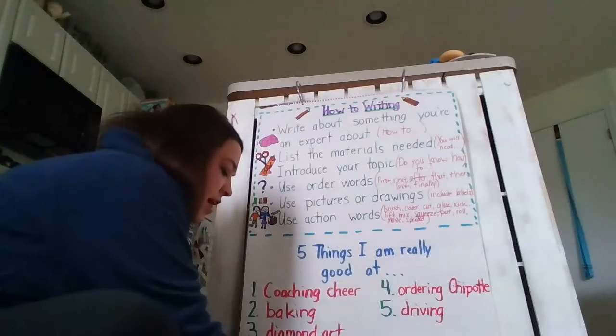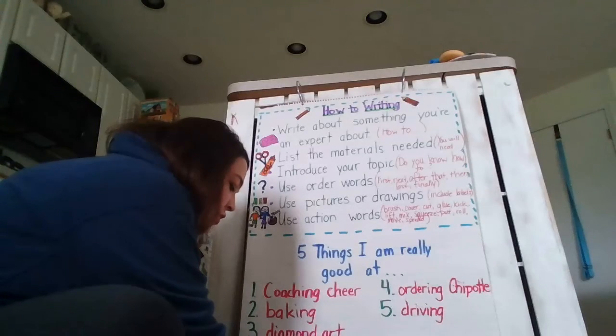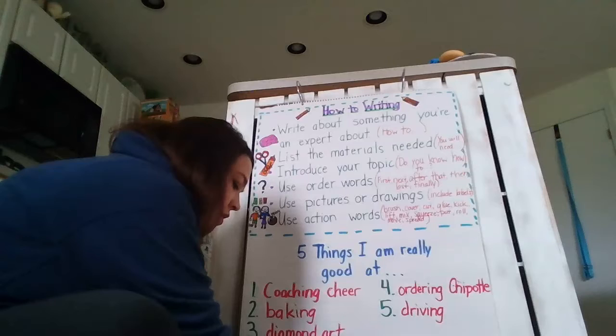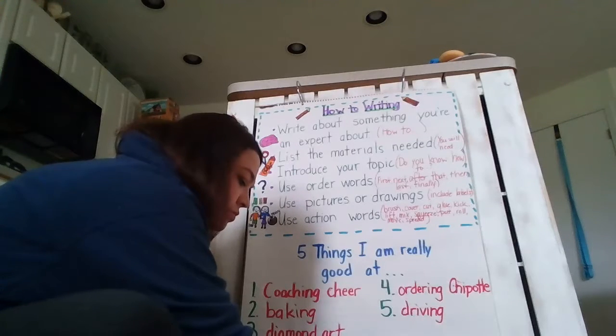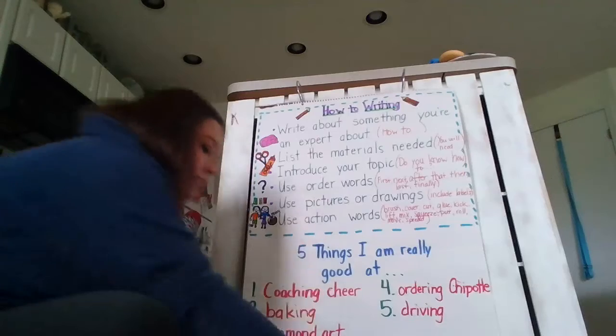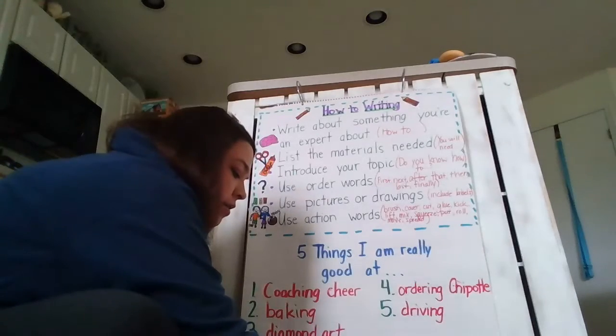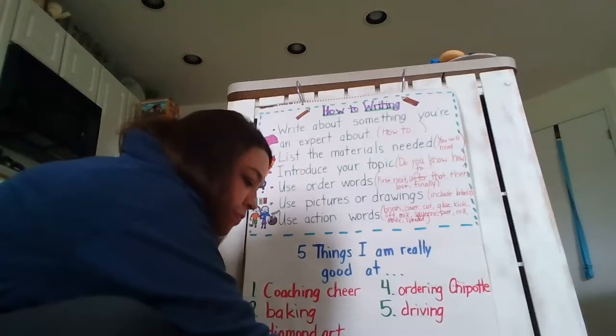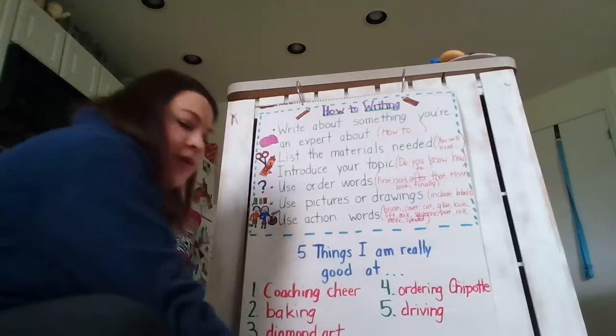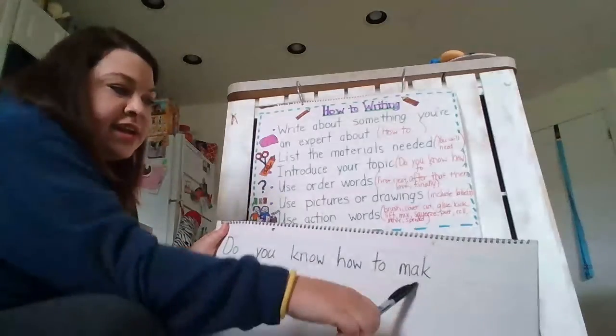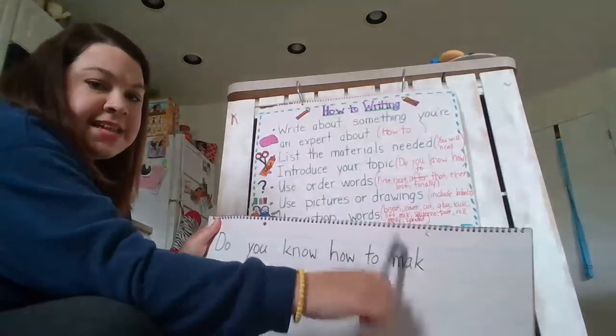So Missy's going to write, do you know how to make? If I'm looking at that word make, guess what I need at the end of that to make that A say its name?